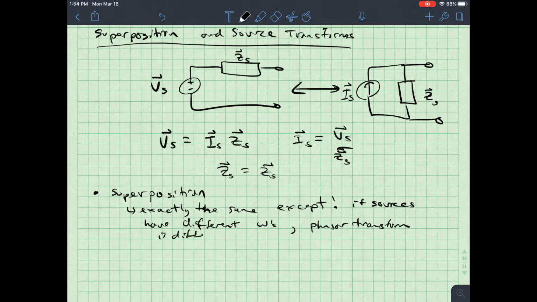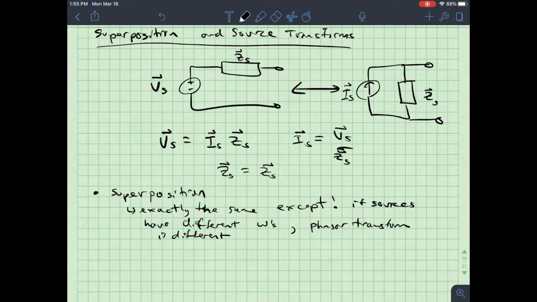Right? The impedances depend on the value of omega. So if I'm going from time domain to frequency domain, that doesn't work unless all the frequencies are the same. But if I use superposition, I turn off all but one source, then I can make all the frequencies the same and do that.